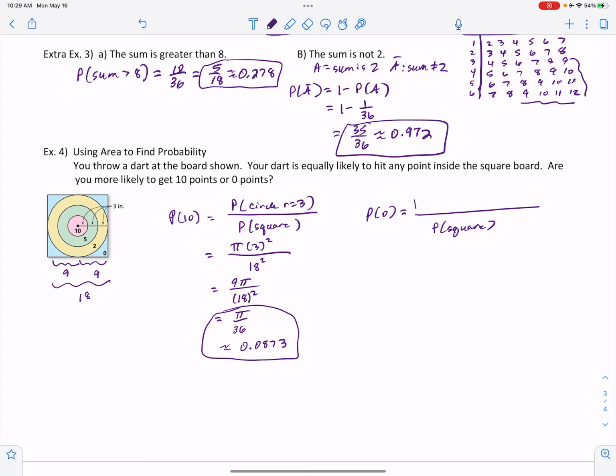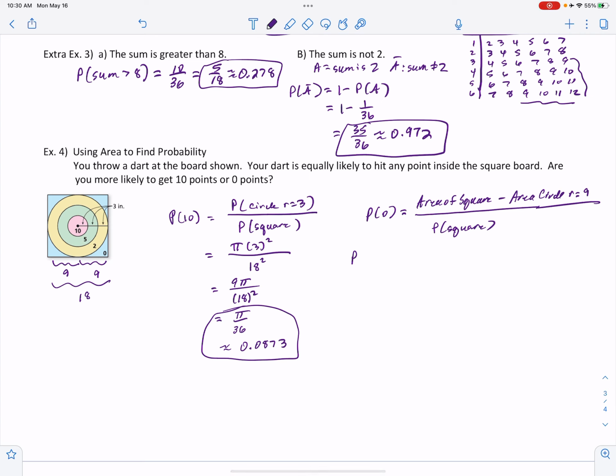So you have to find the area of the square minus the area of the circle of radius 9. That largest circle has a radius of 9, and I have to subtract that out to get that shaded area in the corners.